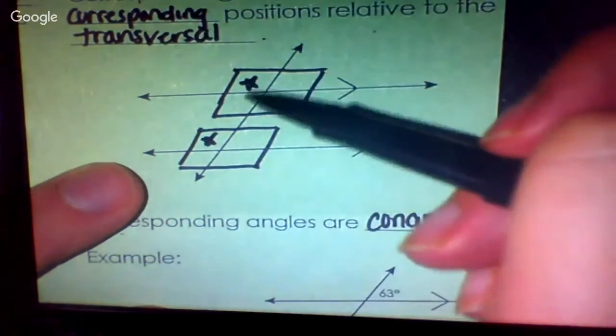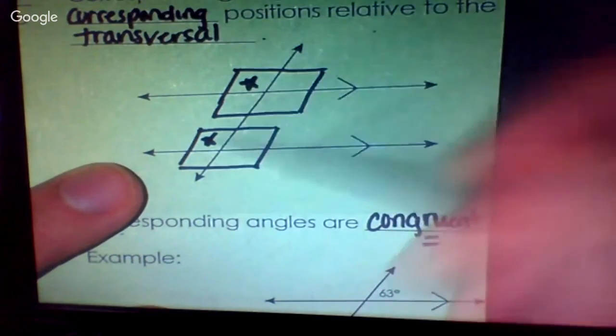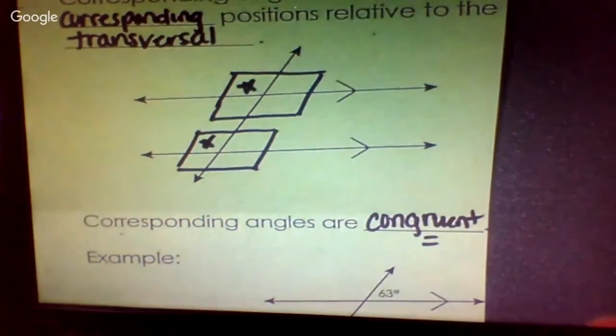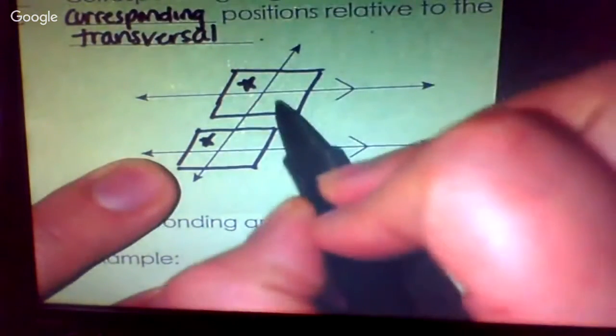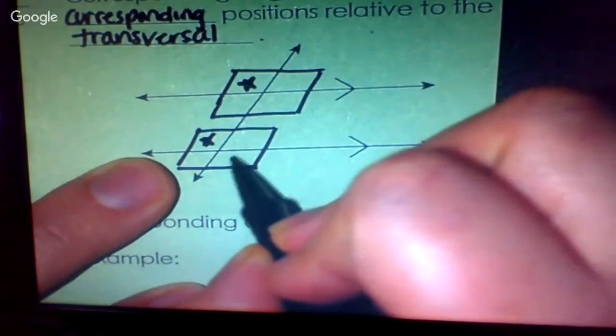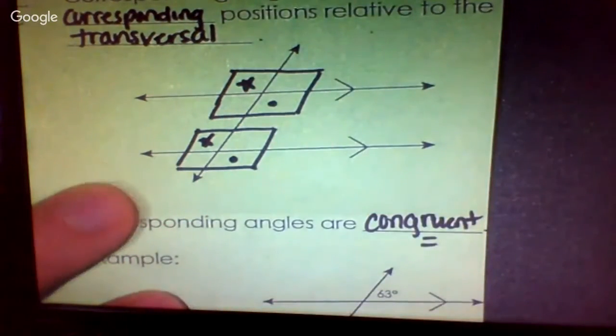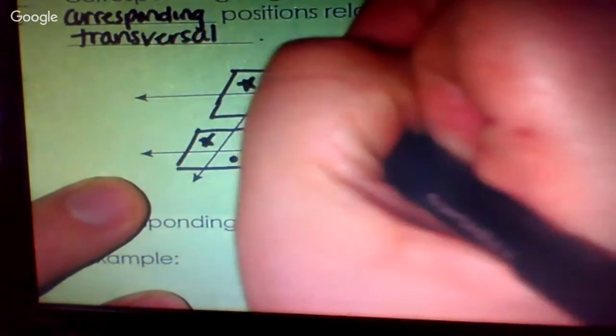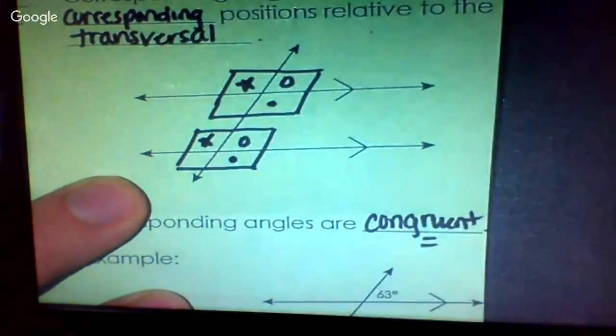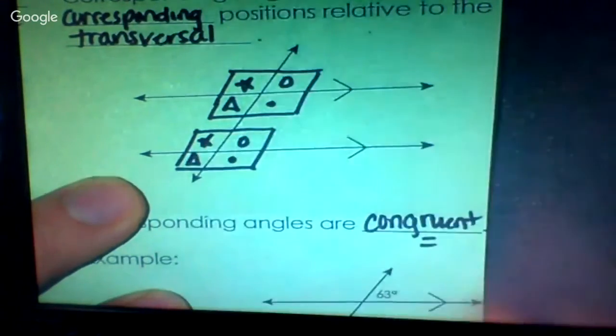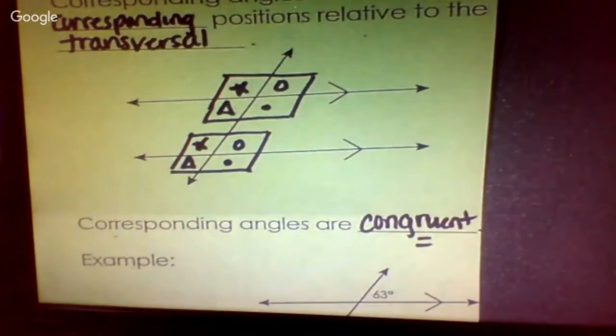So think same position. Okay, top right goes with top right. Bottom left goes with bottom left. Any one of those, you will have 4 sets of corresponding angles.